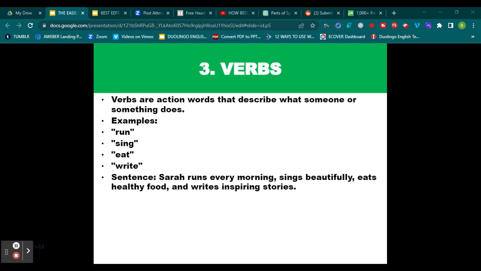Sarah runs every morning, sings beautifully, eats healthy food, and writes inspiring stories. So take note of the words runs, sings, eats, writes. These are all verbs. All right.